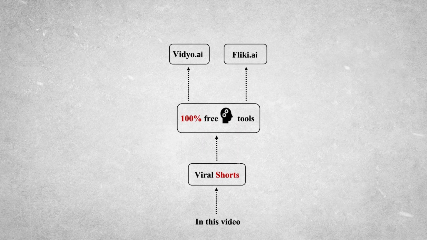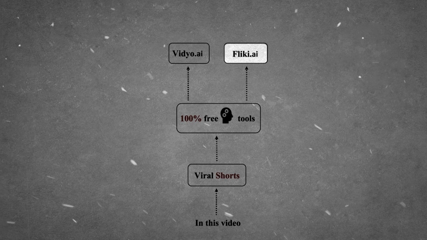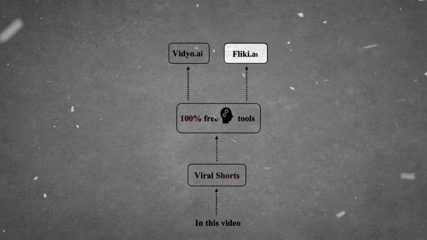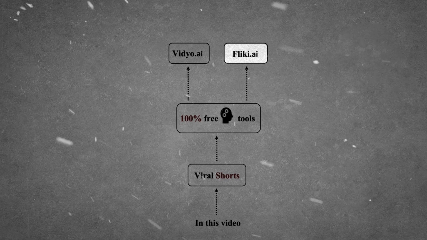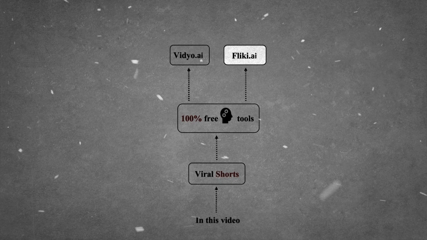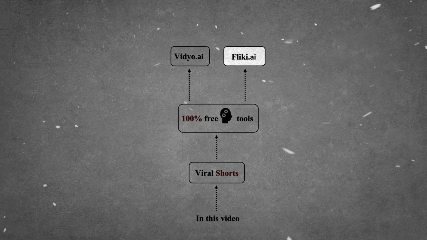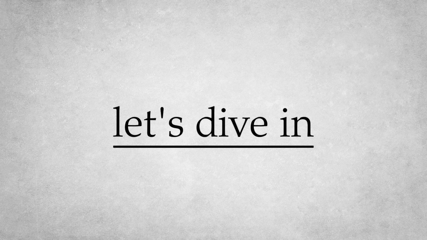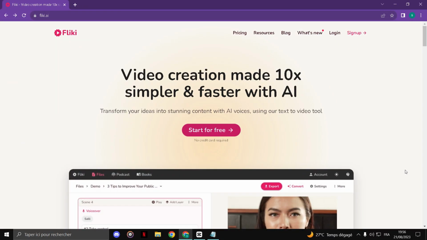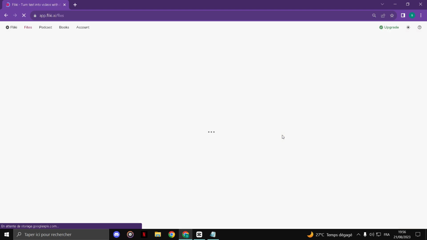Next up is a special tool called fliki.ai. It's an AI-powered text-to-video and text-to-speech creator that allows users to create quality audio and video content. By this tool, you can create motivational and informative shorts with captions in few clicks. First step, open Fliki. Click on Start for free, like always.